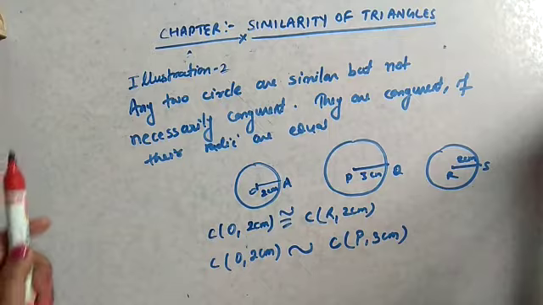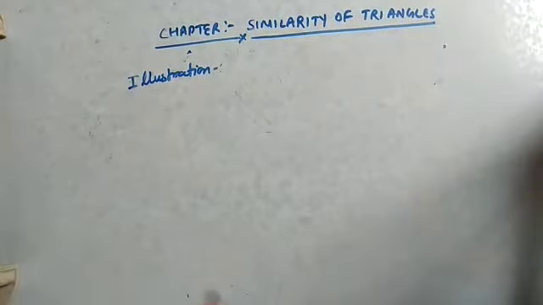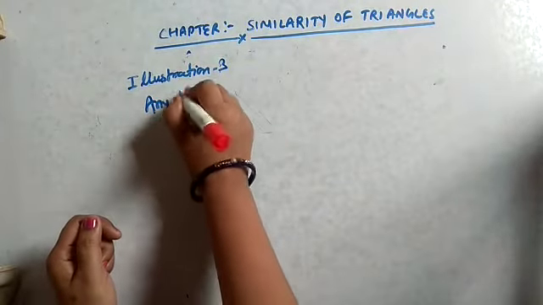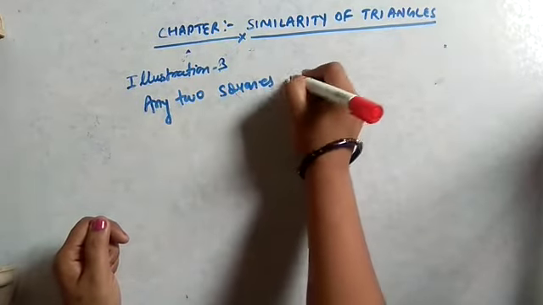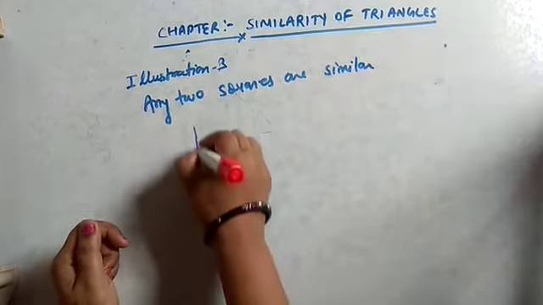In the same way, the illustration 3 is any two squares are similar. Any two squares.